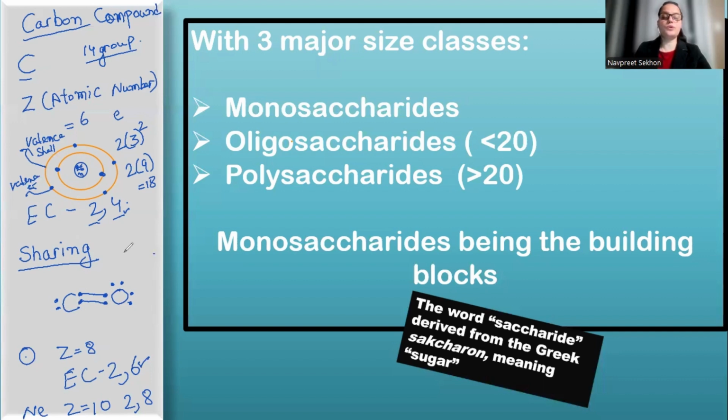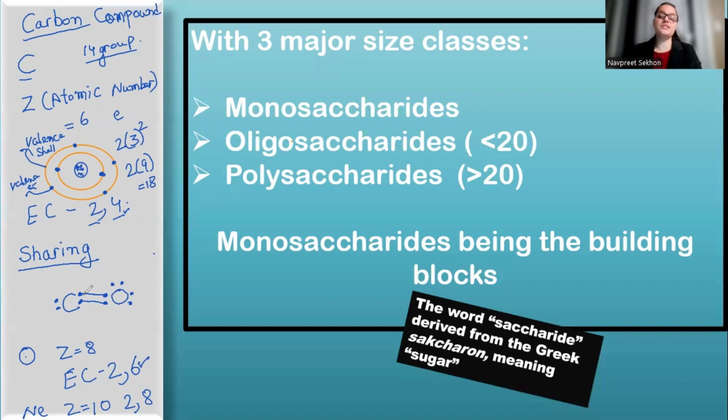So let's see what happens with the number of electrons. Suppose this oxygen wants to feel like a noble gas and wants to show off that it has the electronic configuration of neon, which is 2,8. So let's count it. 1, 2, 3, 4, 5, 6.